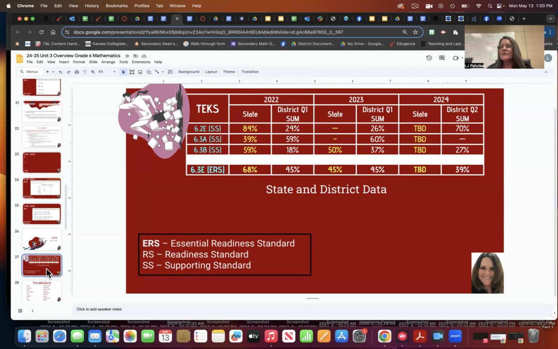So there was a very large growth from 2022, our district Q1, all the way to our state STAAR. In 2023, we stayed about the same. The district Q1 sum, 45%, and the state, 45%. So we probably need to see why students fell from 68% to 45% in 1 year. The 2024 stats will be coming as soon as those are released.